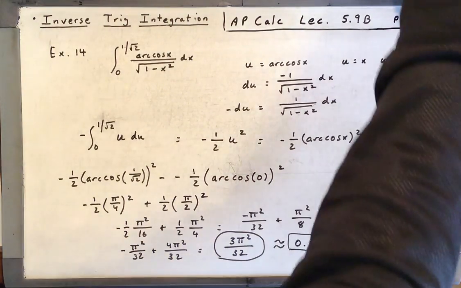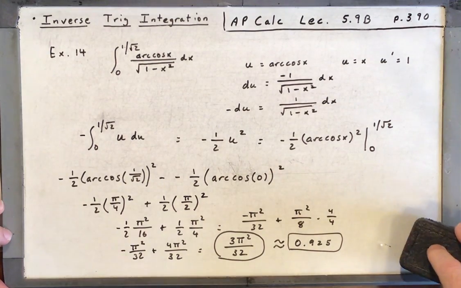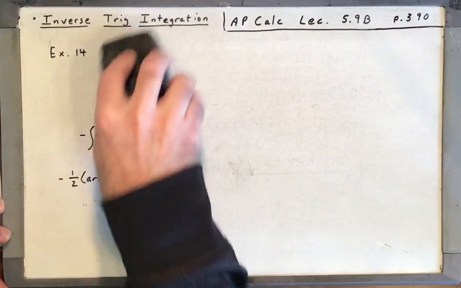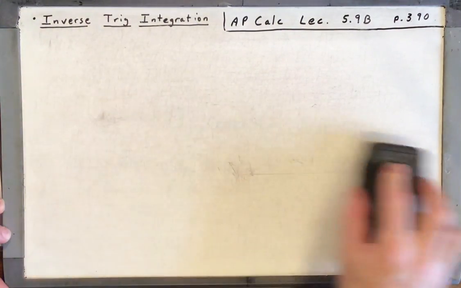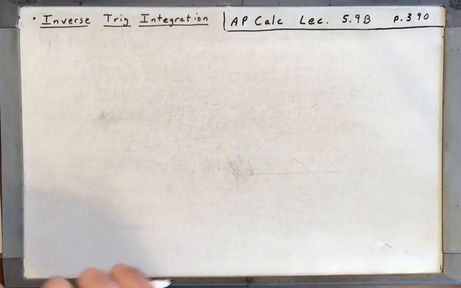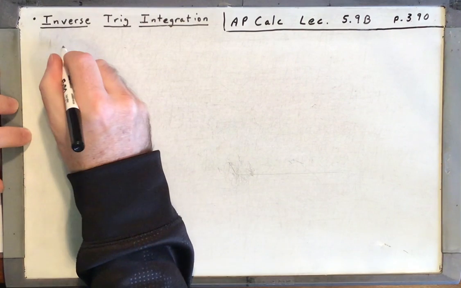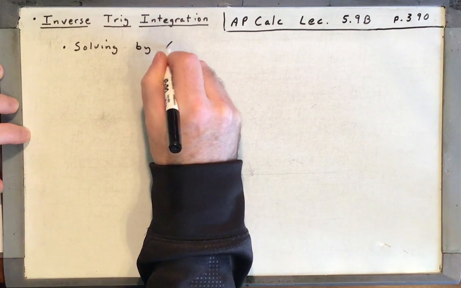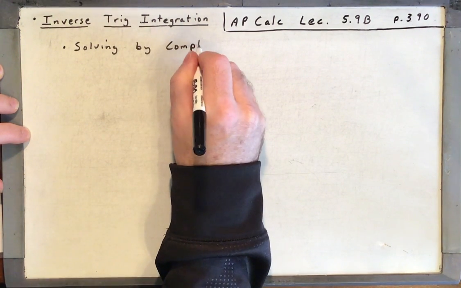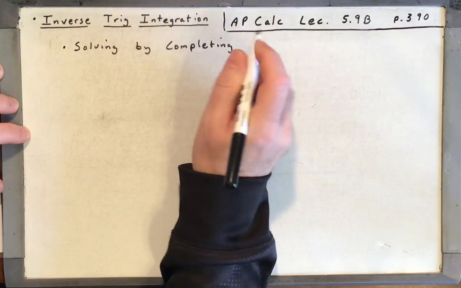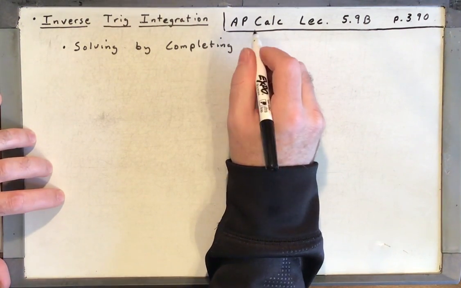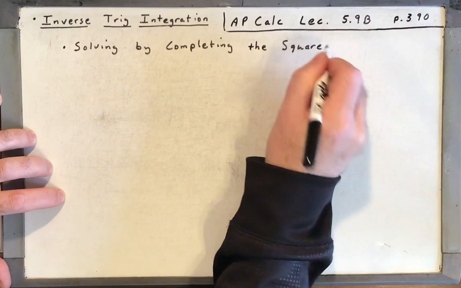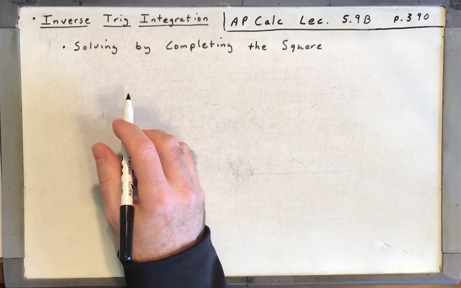All right, let's do one more, and this time I'm going to remind you how to complete the square. That takes you back to your Algebra 2 and maybe your pre-cal days. If you see in the denominator a trinomial of second degree, you've got an x squared in it, you might be able to move it into the arctangent territory.